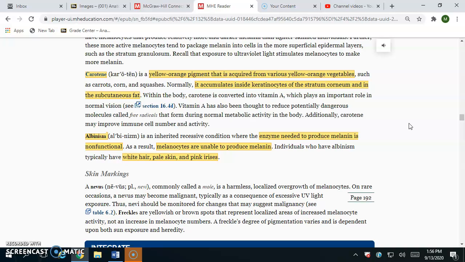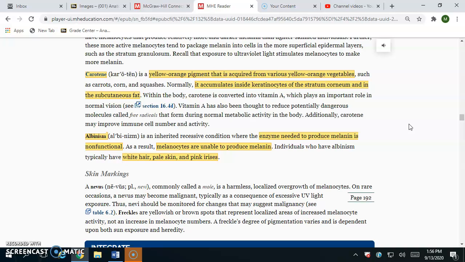It's a gene that's supposed to code and produce a particular enzyme, but the gene is wrong, so it produces an enzyme that is not the right shape, and so it's not functional, and the melanocytes really need that enzyme in order to make the pigment melanin.